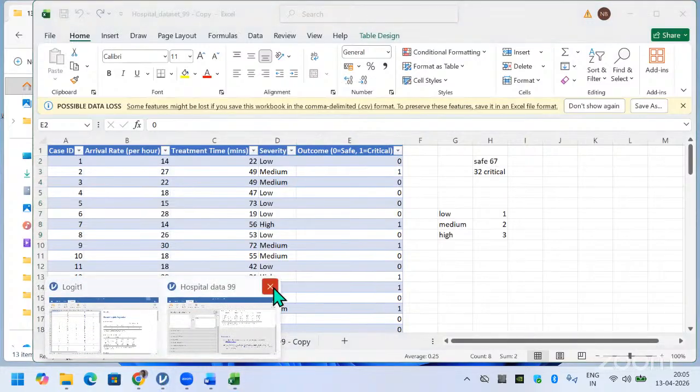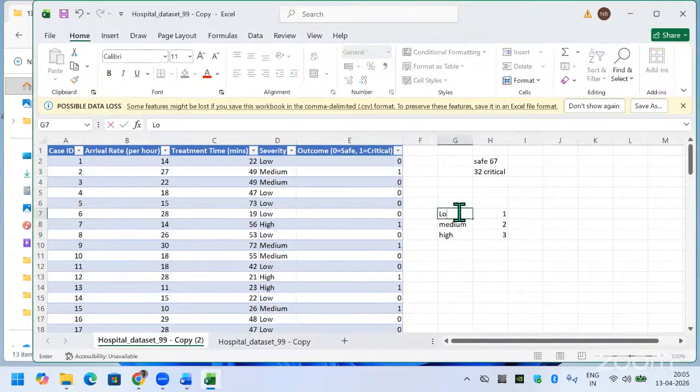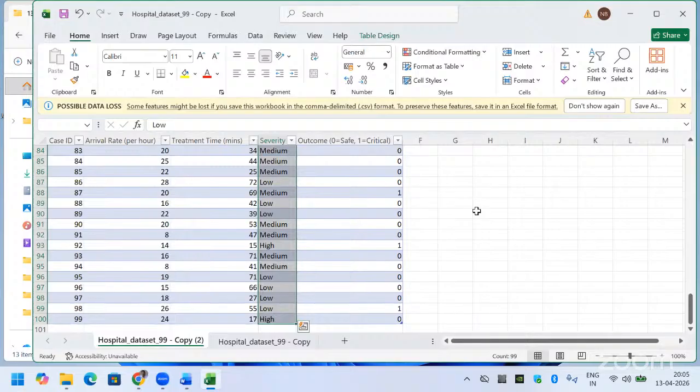So hospital data is already here. I think we'll be able to show that one. So now here I'll just take capital LOW, and capital MEDIUM, and capital HIGH. Okay. So now I'm just trying to change only this data here.